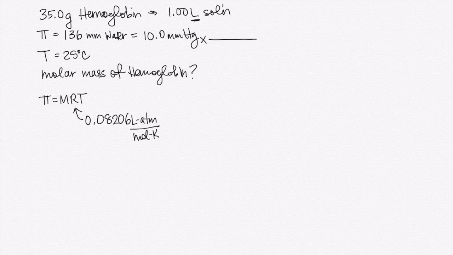So we want to turn this into atmospheres. 760 millimeters of mercury in 1 atmosphere is our conversion factor. That's just on your equation sheet for units of pressure. And this will turn out to be 0.0132 atmospheres.